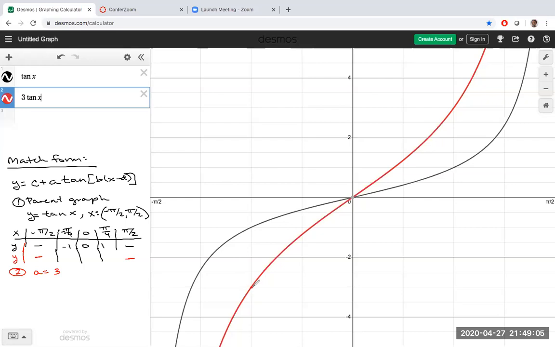So this point here, negative pi over 4, -3. Note 0, 0 is still at the same place though. And then pi over 4, we're not at pi over 4, 1 anymore. We're at pi over 4, 3.